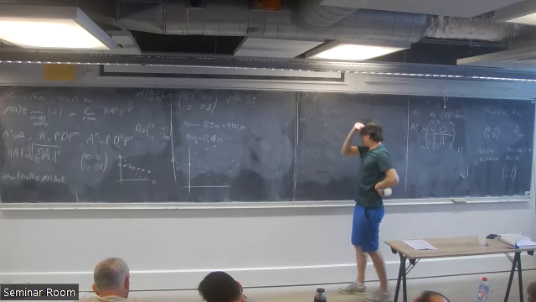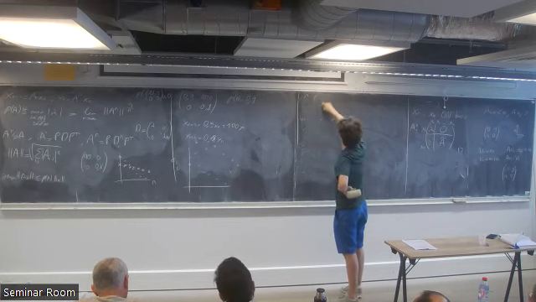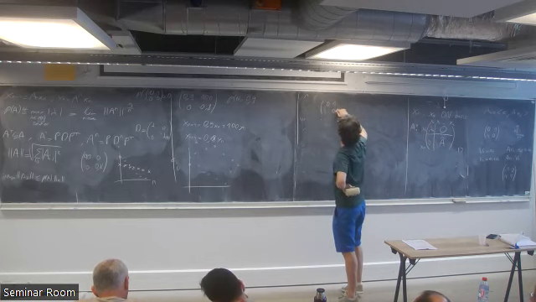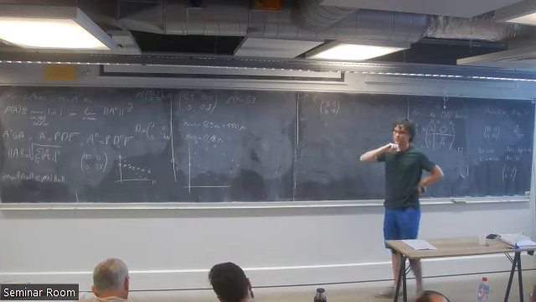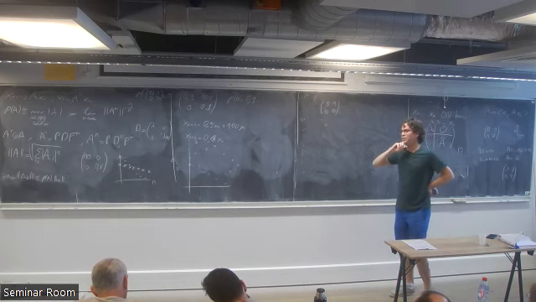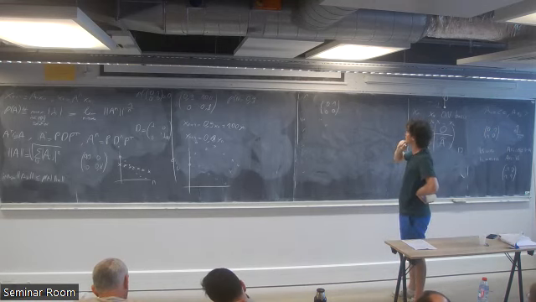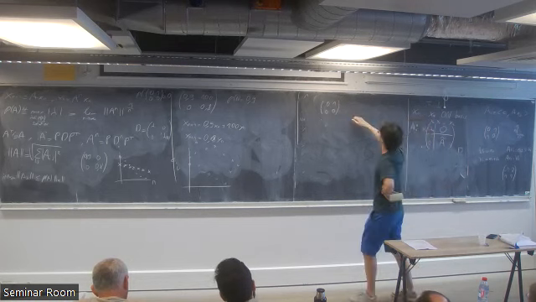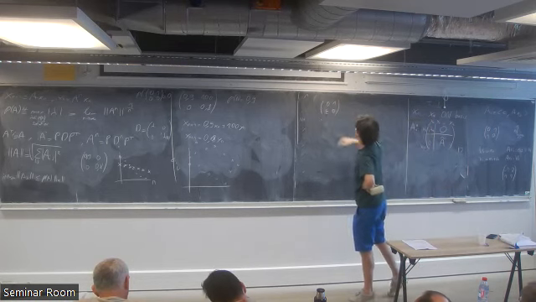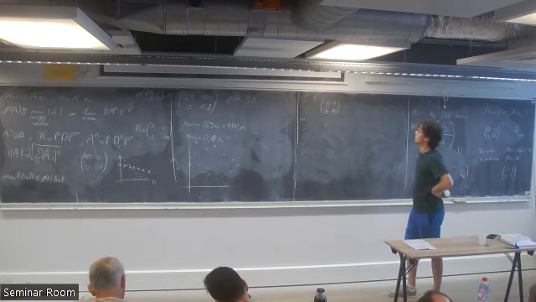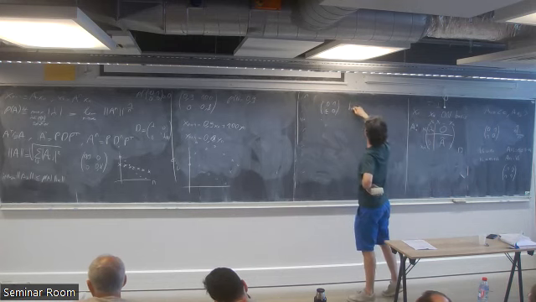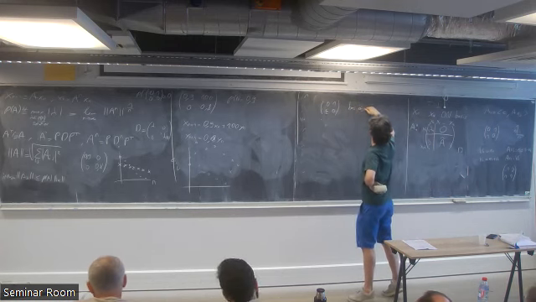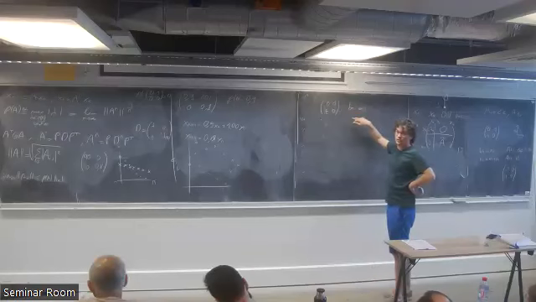what's the example again? So this is the favorite non-symmetric matrix. If you perturb this a bit, what are the eigenvalues of this?